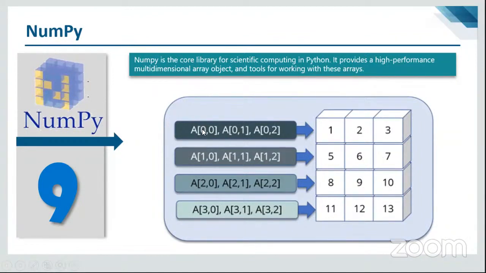Therefore 0 comma 0 is telling me row 0 column 0, 0 comma 1 is telling me row 0 column 1, row 0 column 2. This is telling me row 3 column 0. This is telling me row 3 and column 2. Therefore it internally stores and helps you to do multidimensional activities using NumPy.